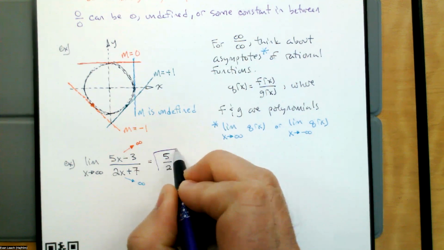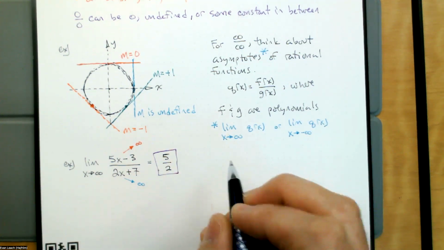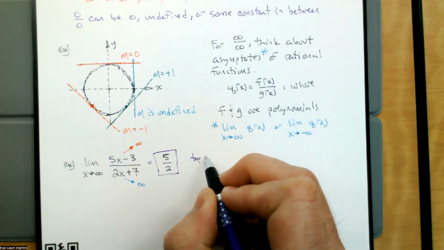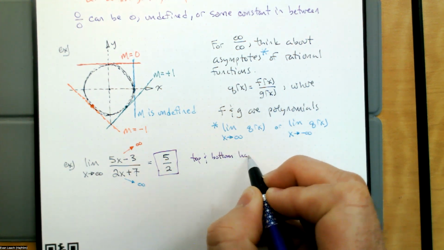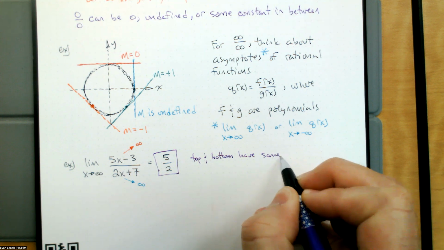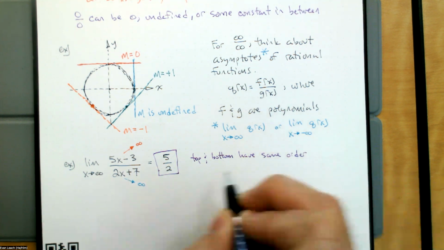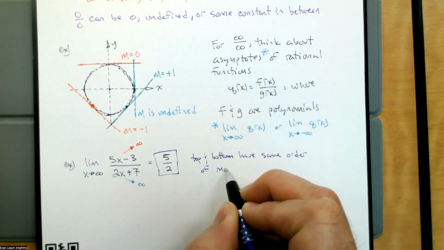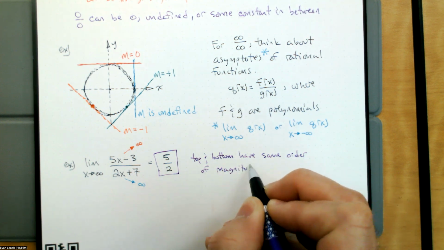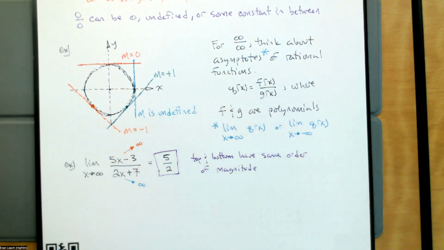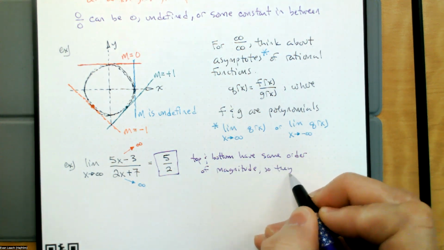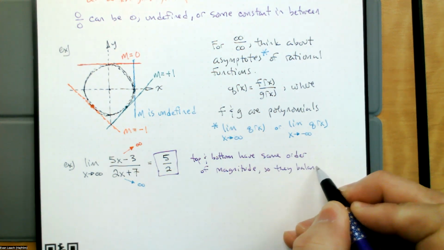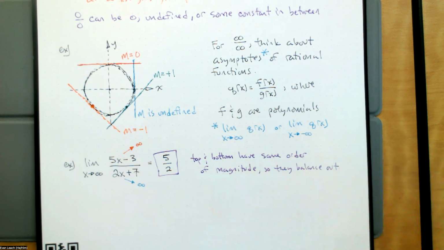In this case, infinity divided by infinity is 5/2. So we think of them as balancing out.